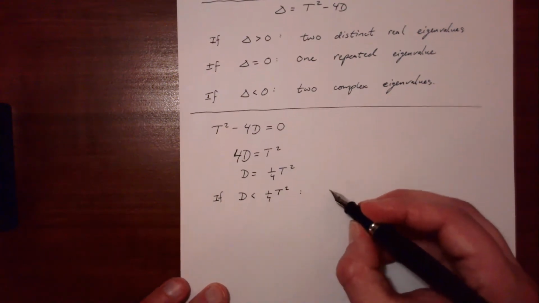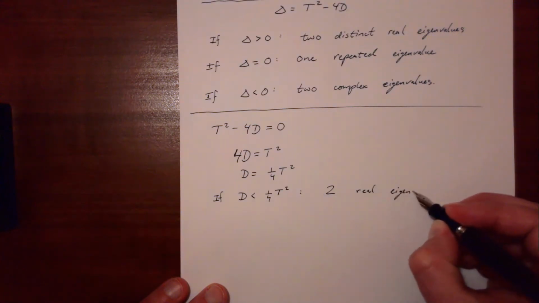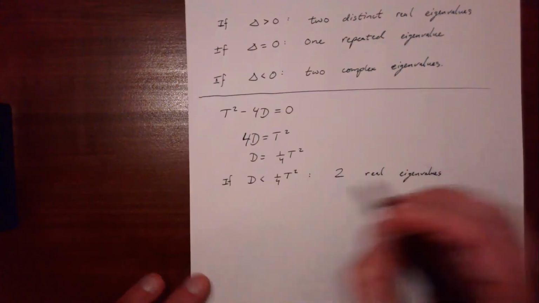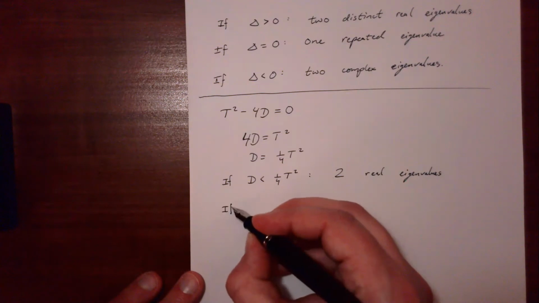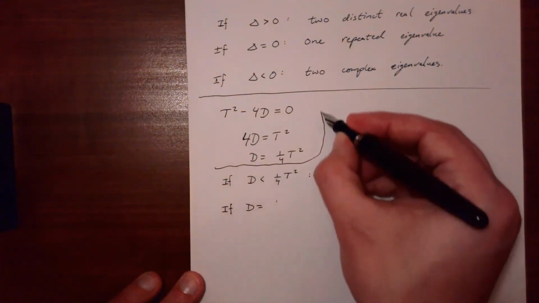That means we have two real eigenvalues. This is kind of like some scratch work here.